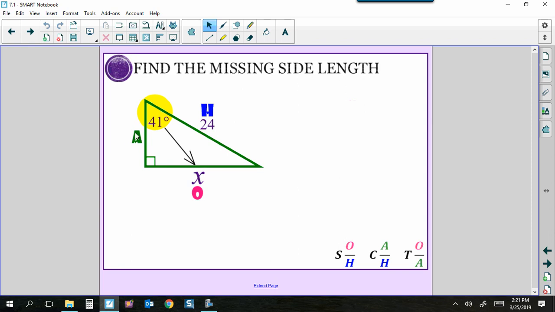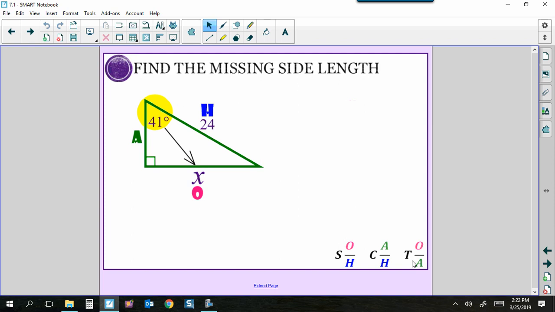Now you guys have to determine which trig function is going to be used to solve it using the 41-degree angle. A couple different ways you can look at this. I like to look at the fact that A has nothing there next to it to plug in for A, like we were doing in the first three problems in this lesson. Whereas for opposite, I can plug x in, and for hypotenuse, I can plug 24 in.